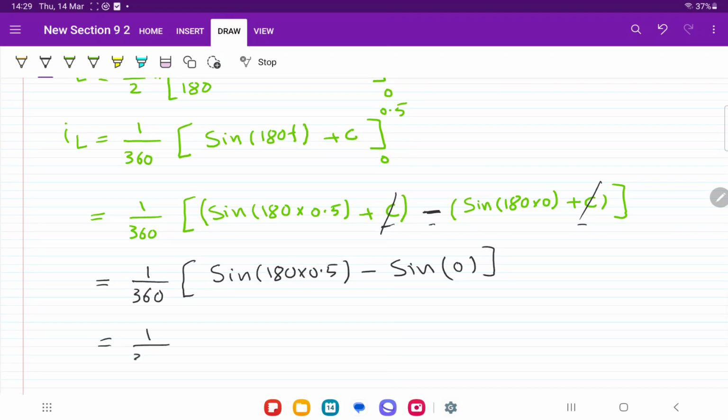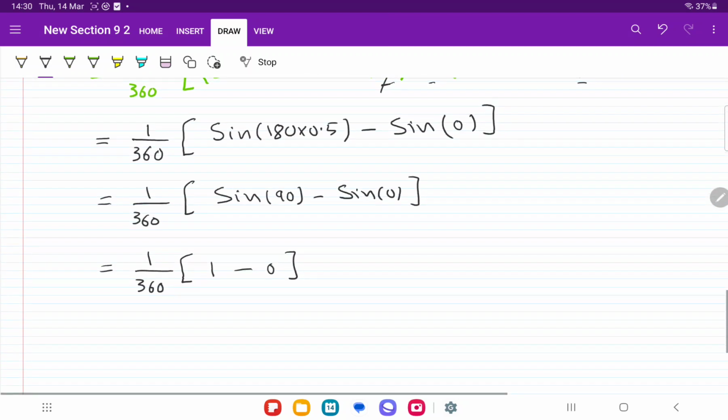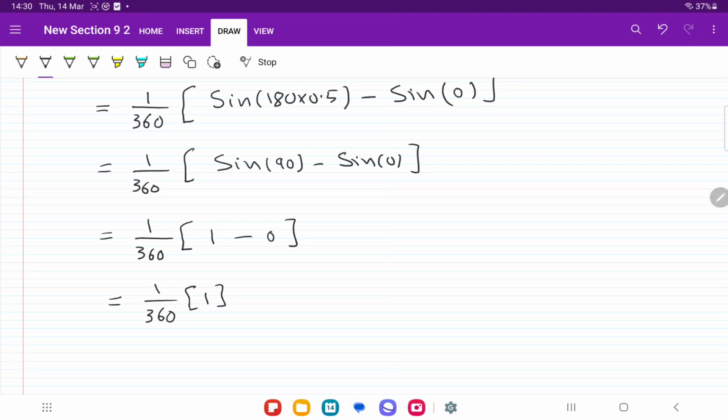So 1 over 360, that will be sine 180 times 0.5, which is sine 90, minus sine 0. If you don't know what sine 90 is, just type it in your scientific calculator. Sine 90 is 1, minus sine 0 is 0. So we end up having 1 over 360 times 1. The final answer will be 1 over 360.